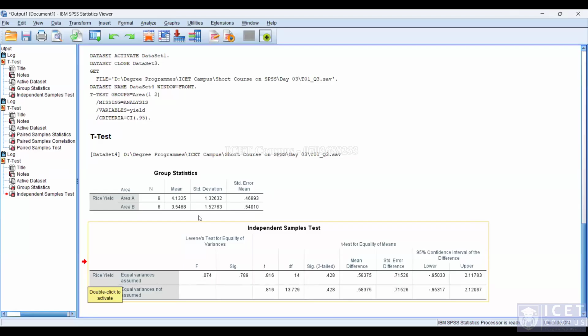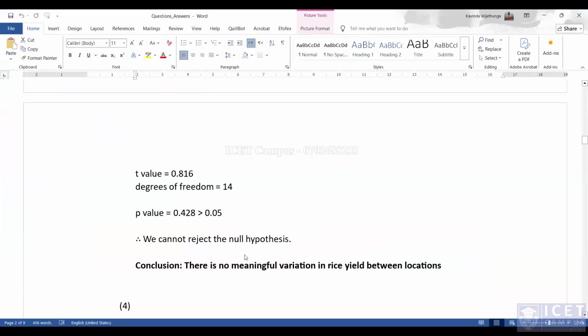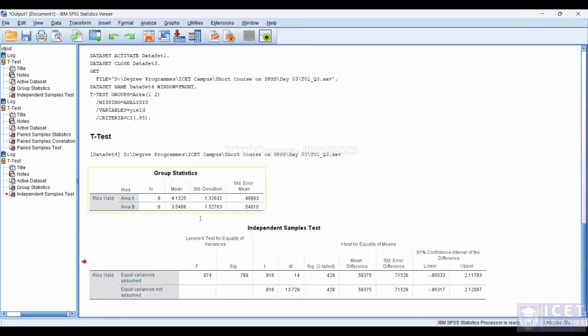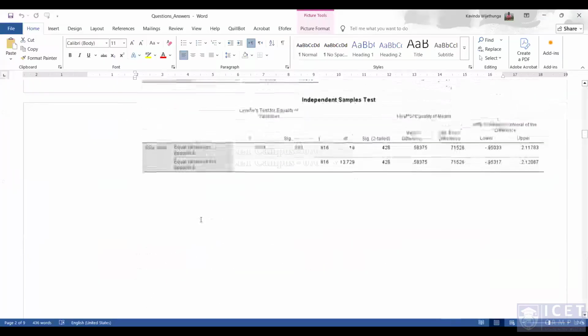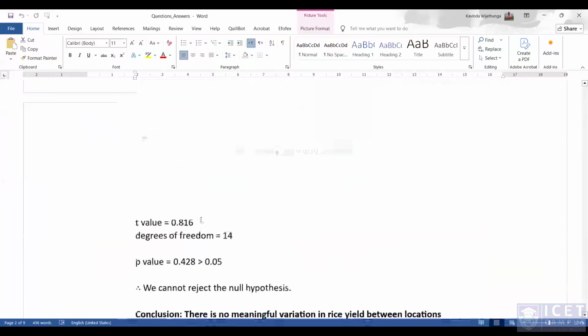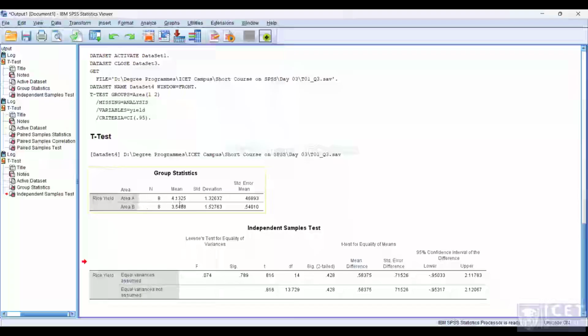And the values we have to take when we are reporting this: we can write the mean values. Mean value for area A is 4.1325, area B is 3.588, and the t value is 0.816, so we can report it.